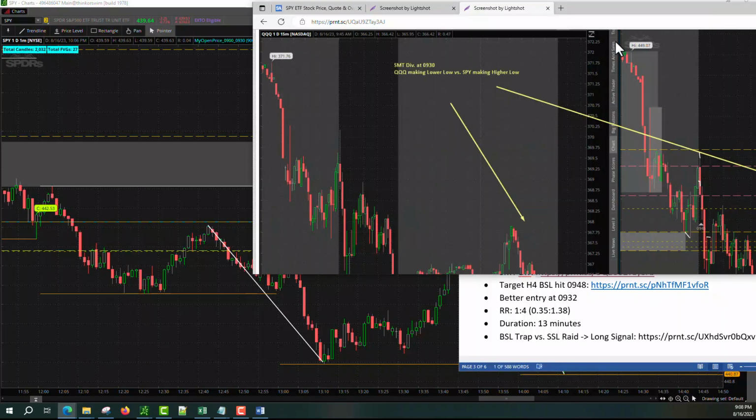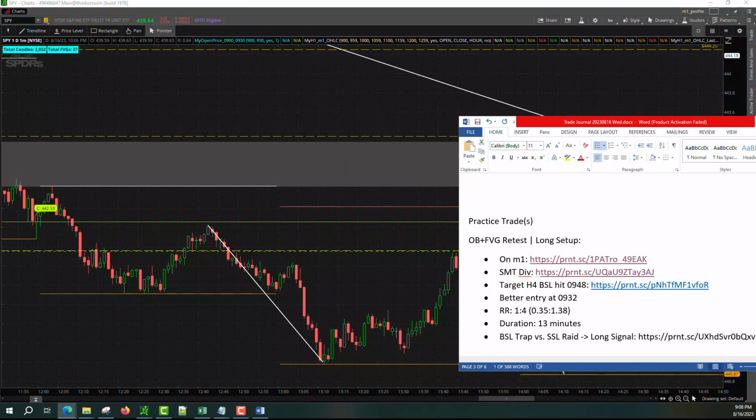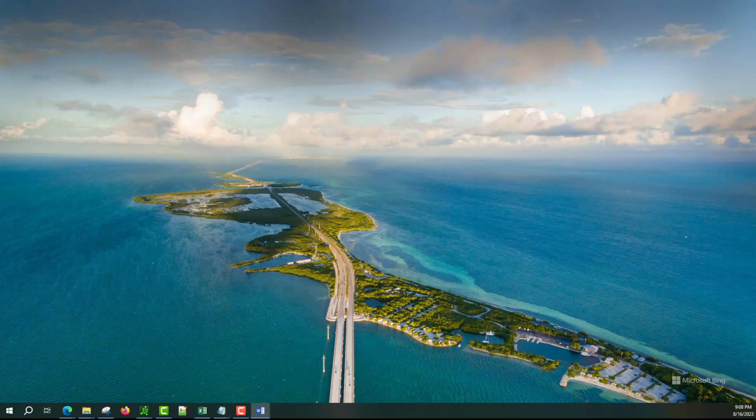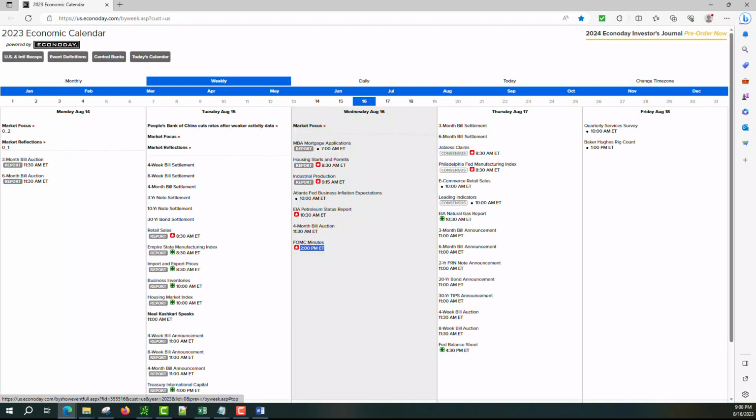That's the second factor. The first factor, we see the liquidity that gives us a bullish signal to go long, and then also we see the smart money divergence, which allows us to go long.